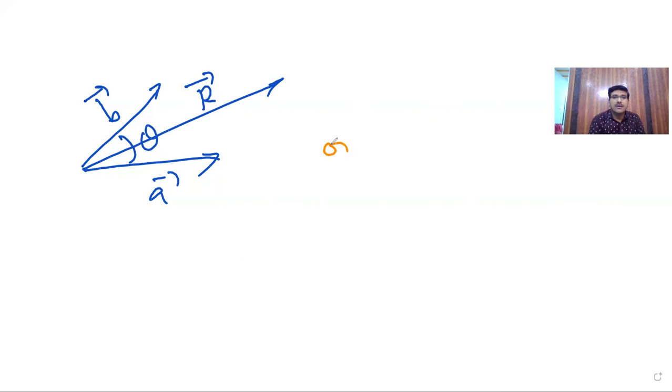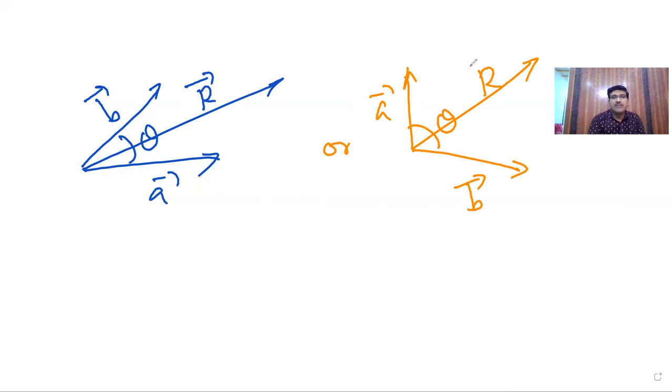If this is one vector A bar, the other vector is B bar, like in this case. The angle between them is theta. The resultant is R bar.